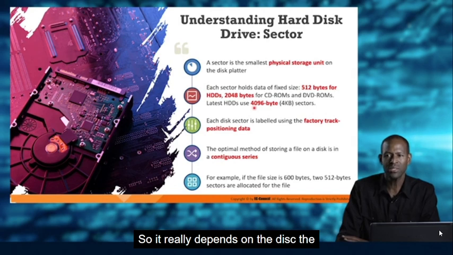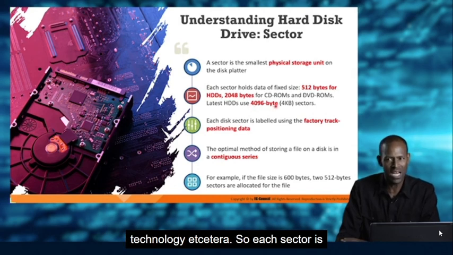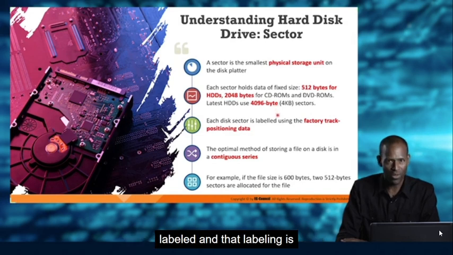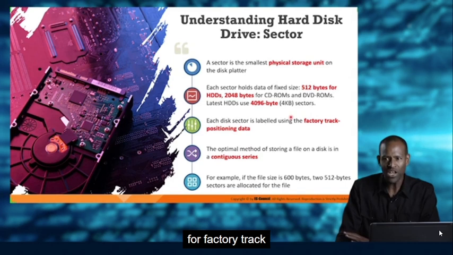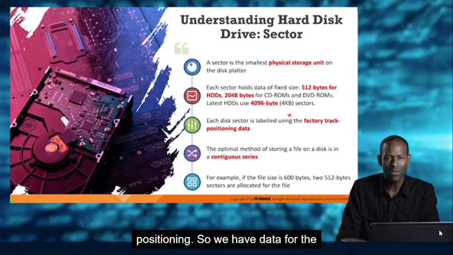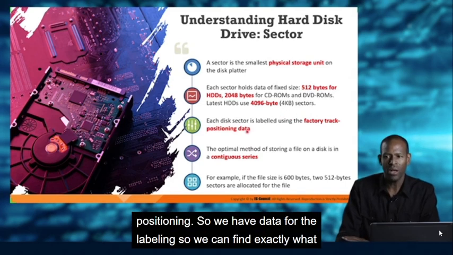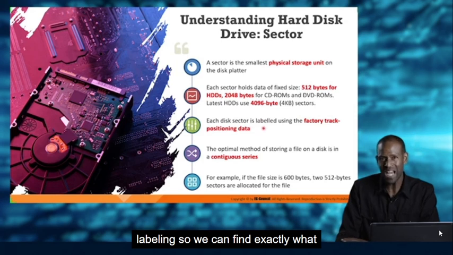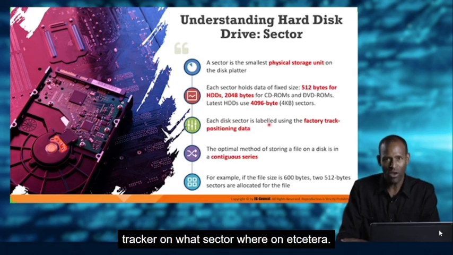So it really depends on the disk, the technology, etc. So each sector is labeled, and that labeling is for factory track positioning. So we have data for the labeling so we can find exactly what track we're on, what sector we're on, etc.